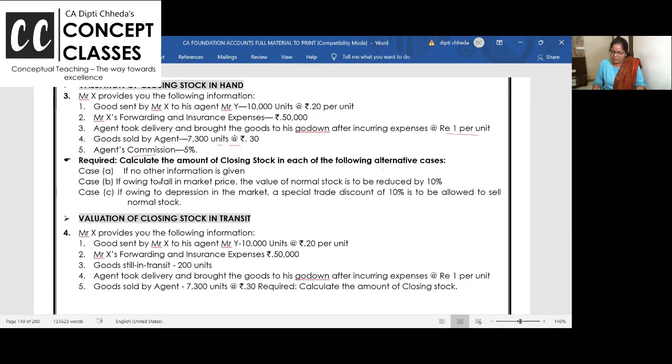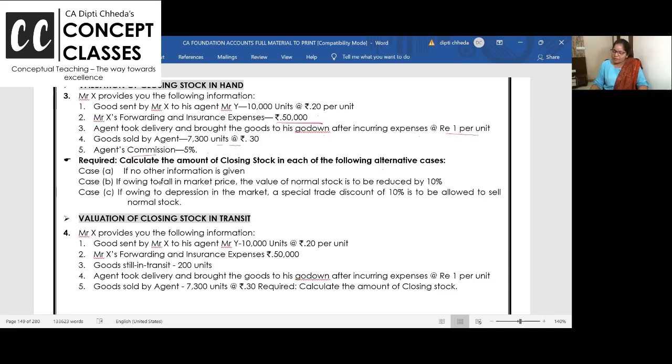If no information is given; if owing to fall in the market price, the value of the stock is reduced by 10%, cost or NRV, whichever is lower. Owing to depression in the market, special trade discount is to be allowed to sell. First do the valuation of the stock. Shall we add the expenses of the consigner? Yes.